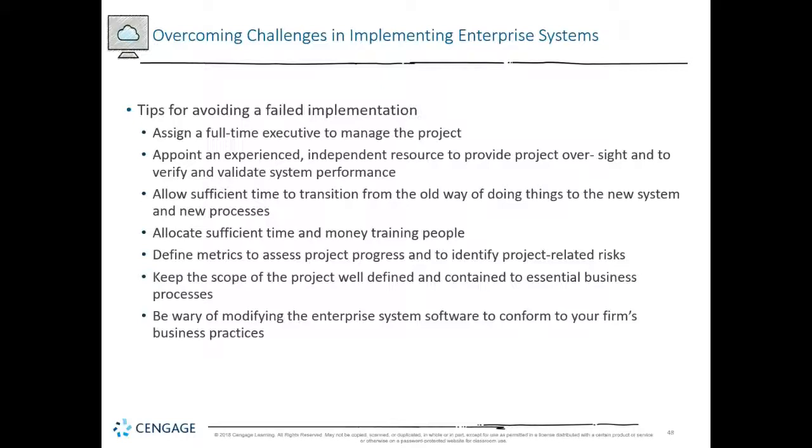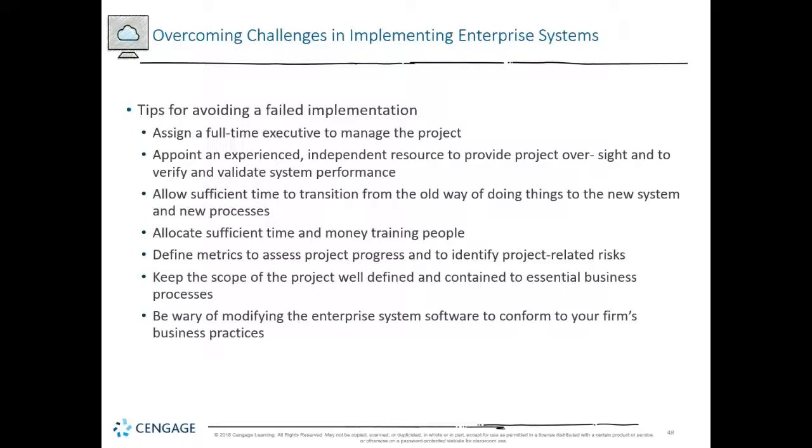Overcoming challenges and implementing enterprise systems. Tips for avoiding a failed implementation: Assign a full-time executive to manage the project. Appoint an experienced, independent resource to provide project oversight, and verify the validity of system performance.